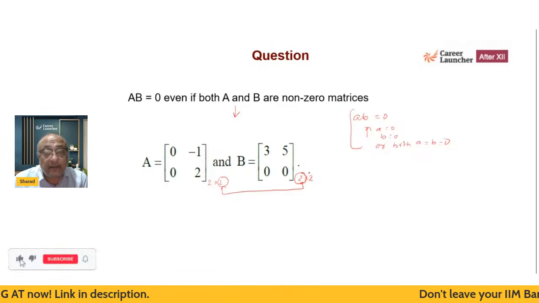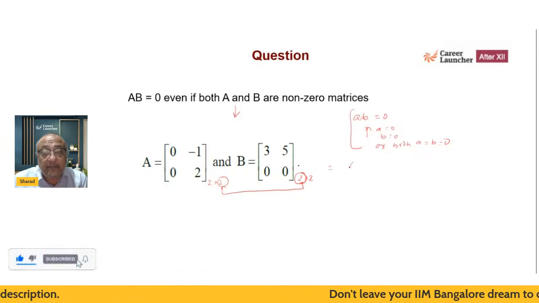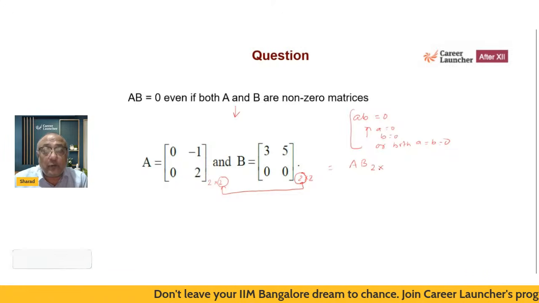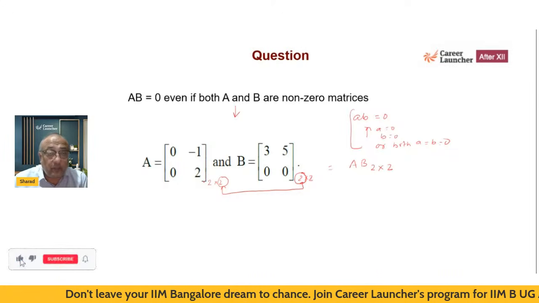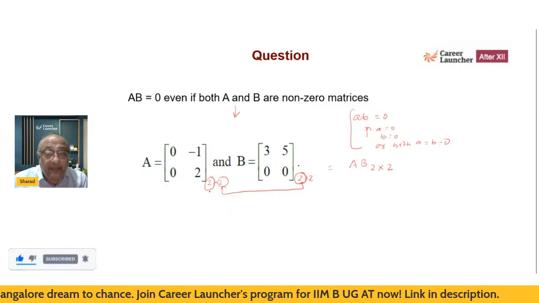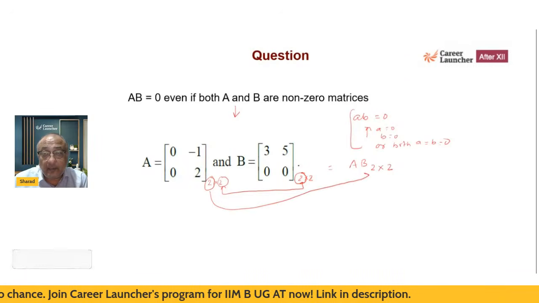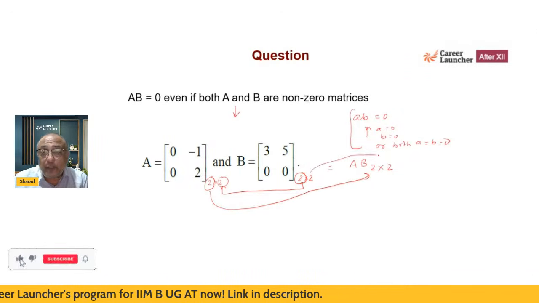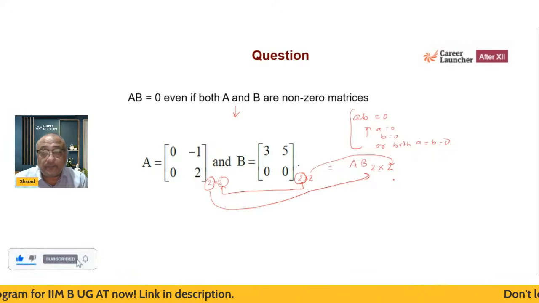And finally, we will get a matrix AB, which will be of order 2 cross 2, that is, rows of the prefactor and columns of the post factor, right?